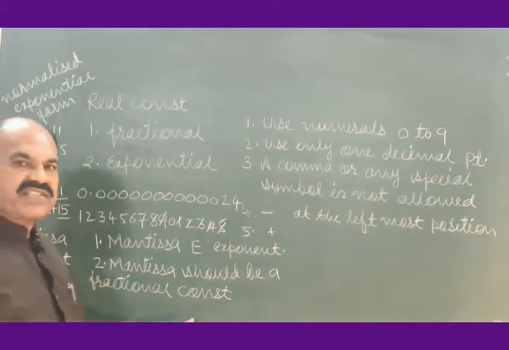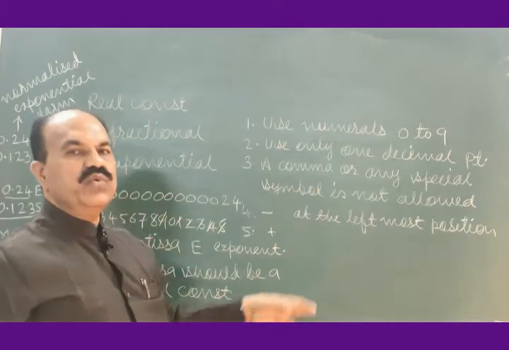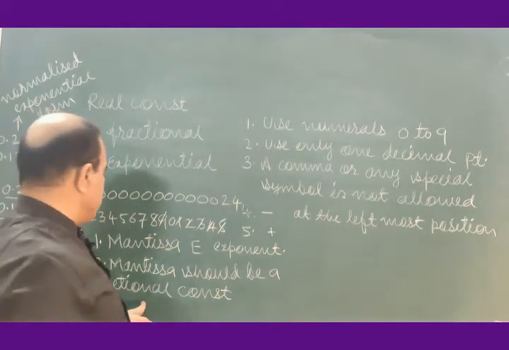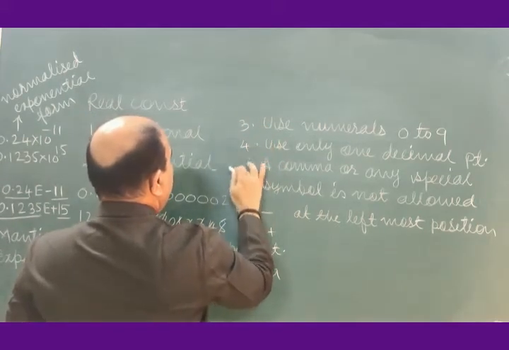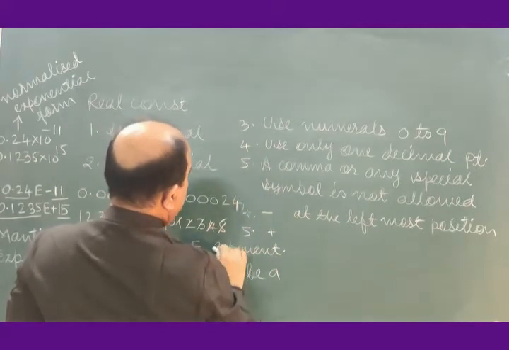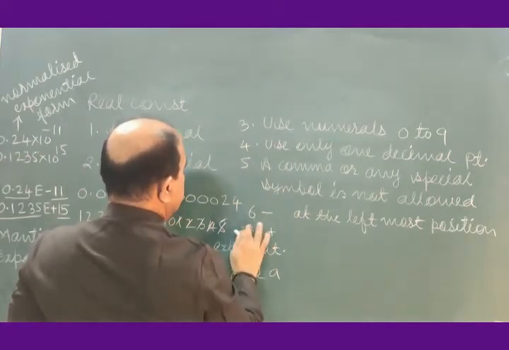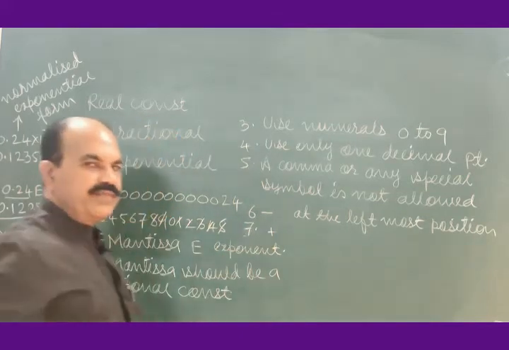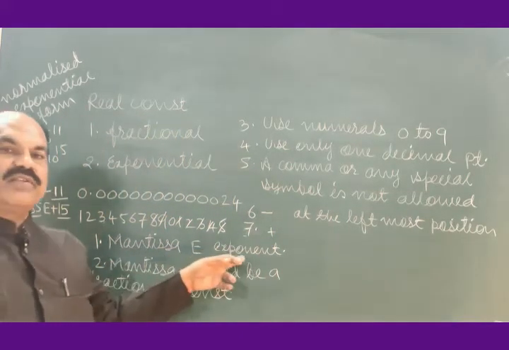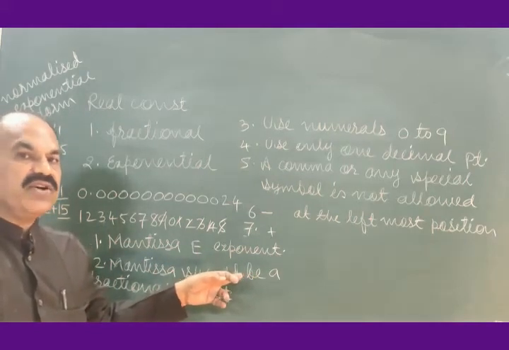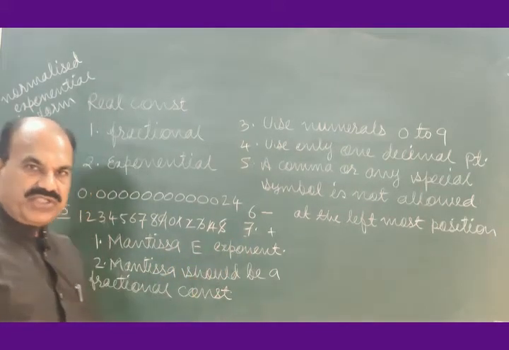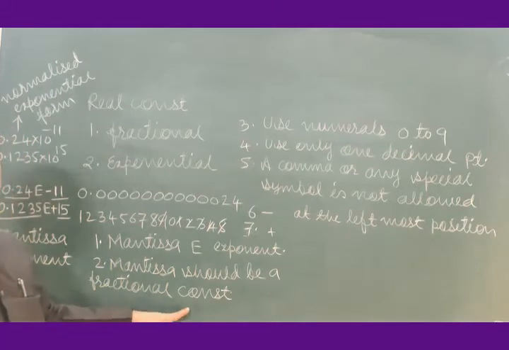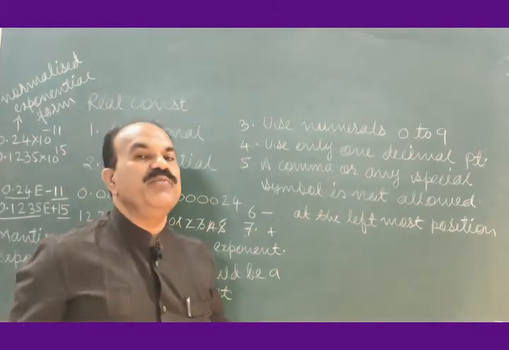If mantissa is a fractional constant, all these rules are to be followed by the mantissa. First rule, this is the format for writing the real constant in exponential form: mantissa followed by capital E followed by exponent. Second rule, mantissa should be a fractional constant. If mantissa is a fractional constant, all these rules should be obeyed by mantissa.